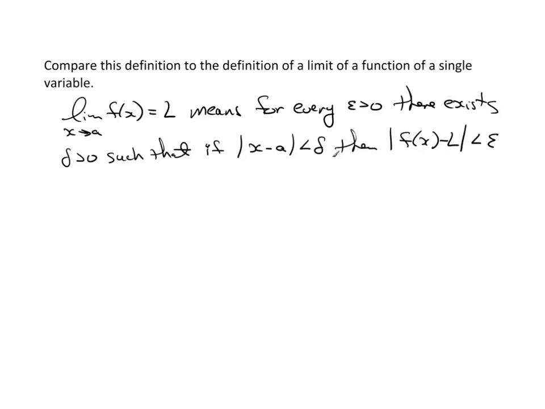It simply means that when I get within delta of a, then I will be within epsilon of L. So this is almost identical to what we did with the function of two variables. It's just that we took into consideration both variables rather than one.